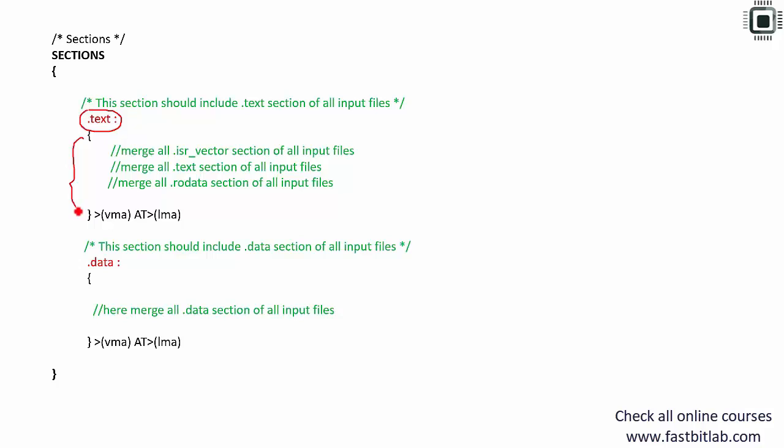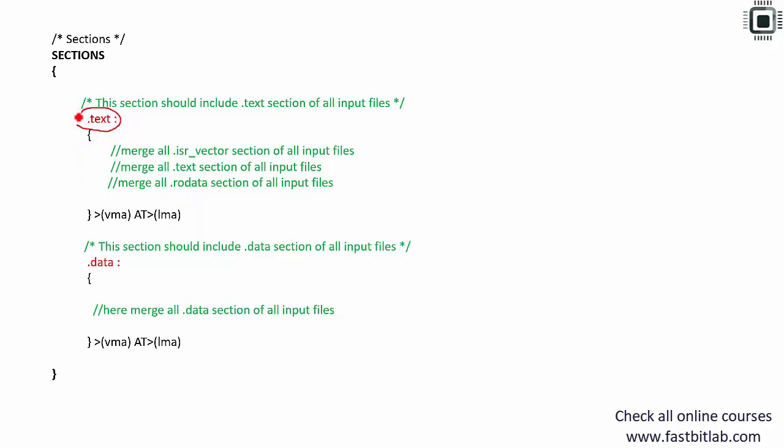This is the body, and this gives the address information to the linker and the locator about where to place this section in the memory. This is a combination of VMA and LMA, where LMA stands for load memory address and VMA stands for virtual memory address. More on that we'll see later, how to use this syntax properly. But this actually gives the section placement information in the memory.